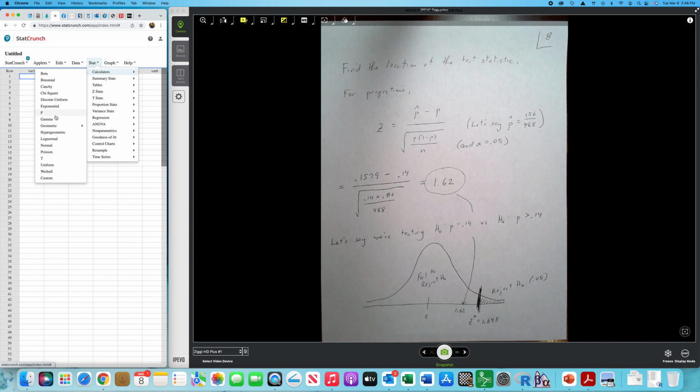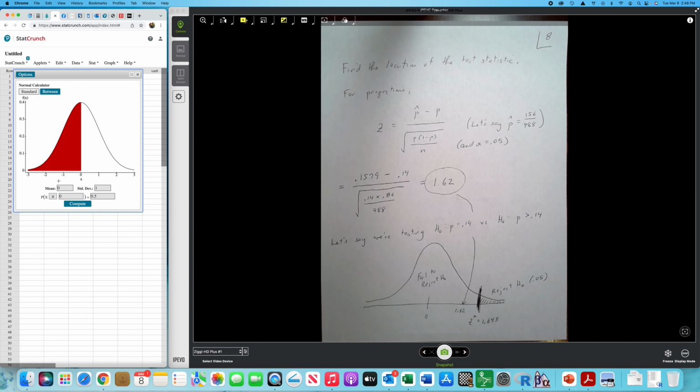I go to stat, I go to calculator, I go to normal, mean 0, standard deviation 1. I need the tail in the right area, so I need greater than. My alpha level is 0.05, so I need 0.05 up there. And I hit compute, and you'll see I get 1.645.